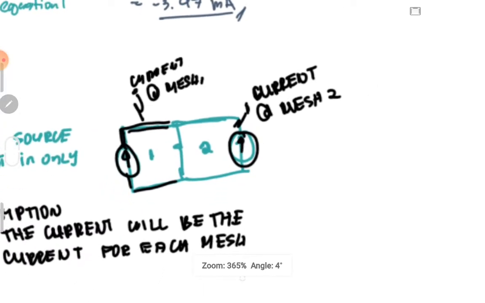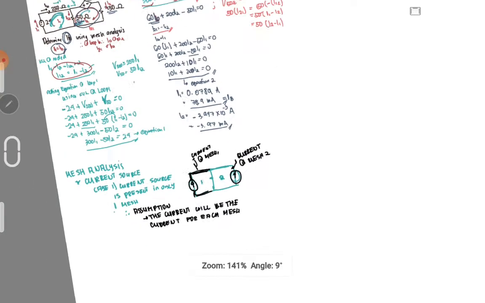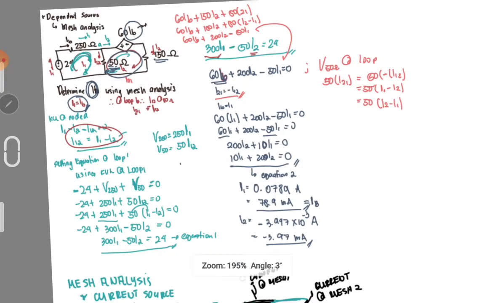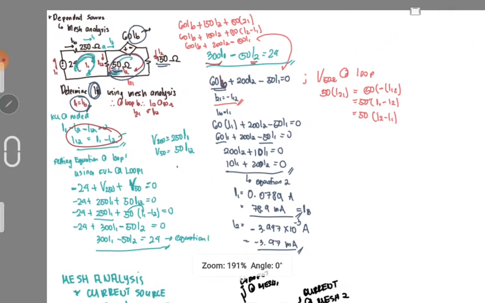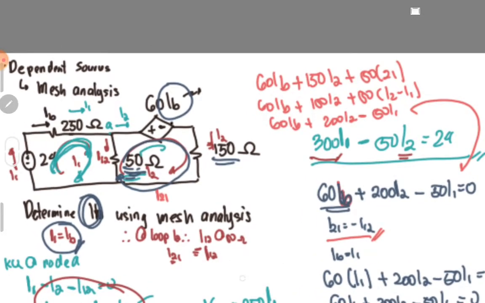So, how about sir if dependent source siya? Ganun pa rin yun. Whatever the value of that dependent source will also be the value or the current in your mesh 1. Just like our example 1, wherein actually voltage siya. So, the voltage in this mesh which is provided by this dependent source is already the voltage that is present in this node.